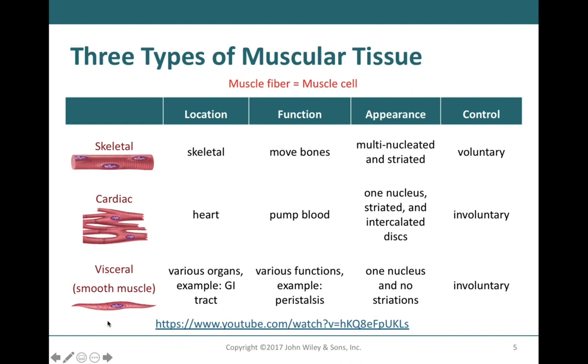You can see that we'll have a plump center and two skinny ends. Oftentimes, smooth muscle cells are referred to by histologists as cigar-shaped, and that is based on this plump center and the two skinny ends. So these will characterize the function, location, appearance, and control of our three different types of muscles. I want you to feel very comfortable with distinguishing these types of muscles based on the criteria laid out on this slide.